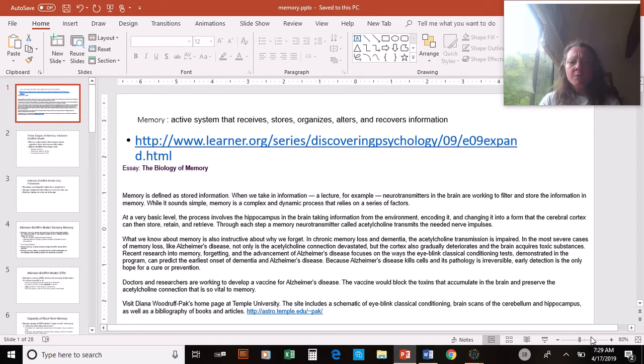When it comes to our brain, we know our hippocampus is involved in the memory process. The hippocampus takes in that sensory information from the outside environment, encodes it, and changes it into something that our cerebral cortex can then store, retain, and retrieve.